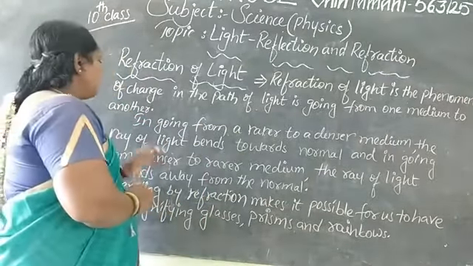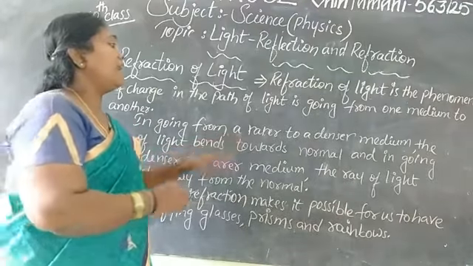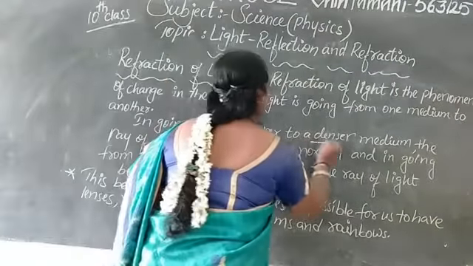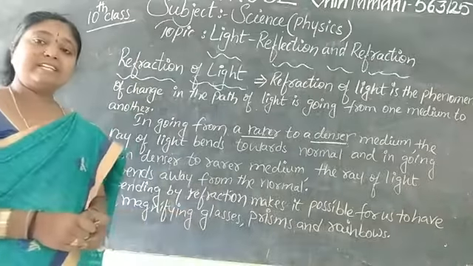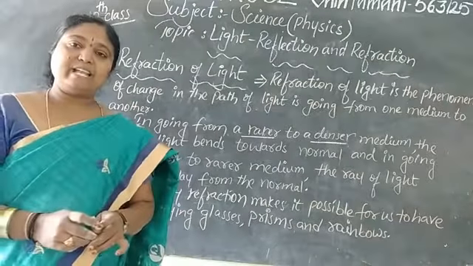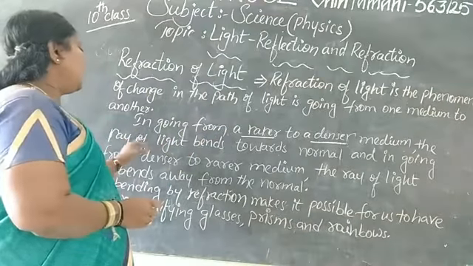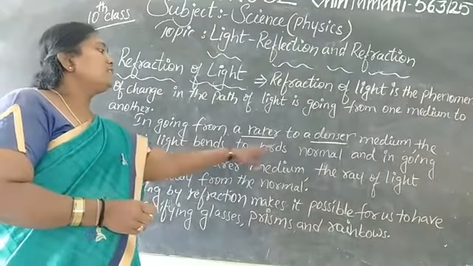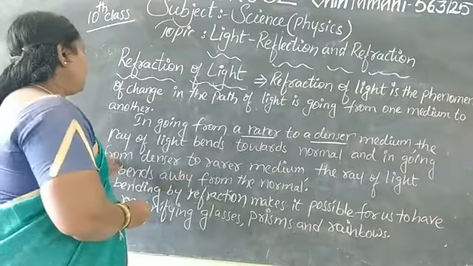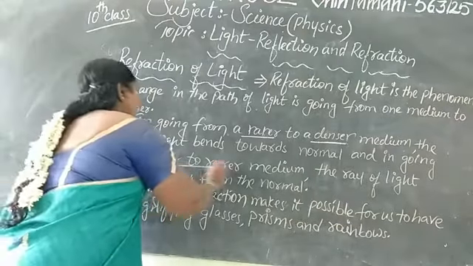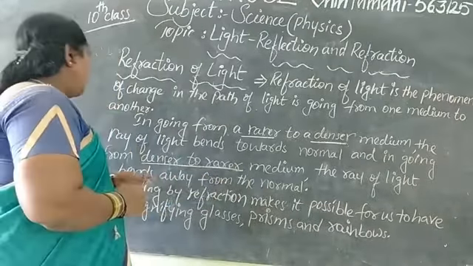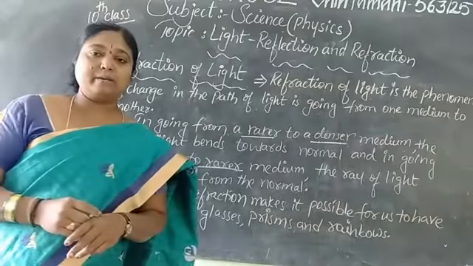In going from a rarer to a denser medium, the ray of light bends towards the normal, and in going from a denser to a rarer medium, the ray of light bends away from the normal.